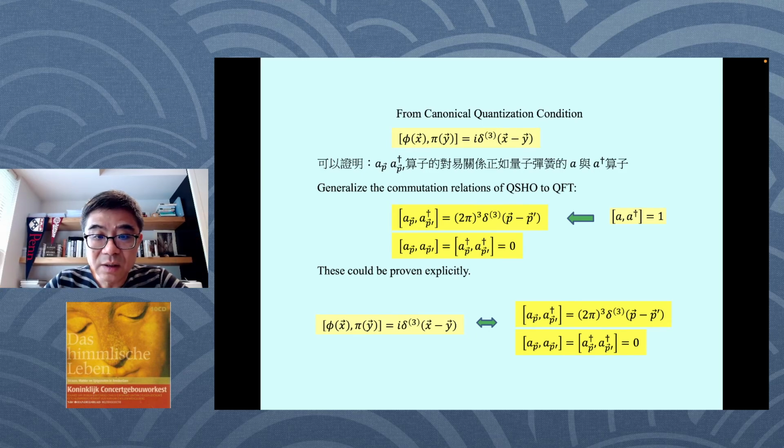Okay, so this relation is a direct result. You can guess, I haven't derived it yet. However, you can guess it must be a direct result from the commutator of a and a dagger equal to 1. But this can be proven explicitly: the canonical quantization between the field operator and its conjugate momentum operator will give you this commutation relation between a and a dagger.